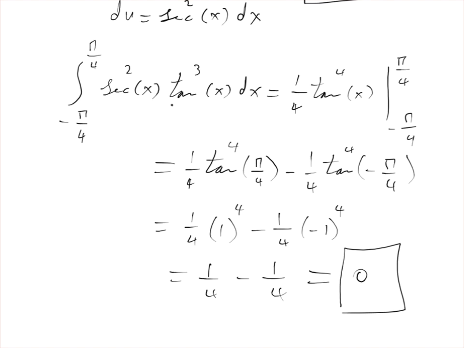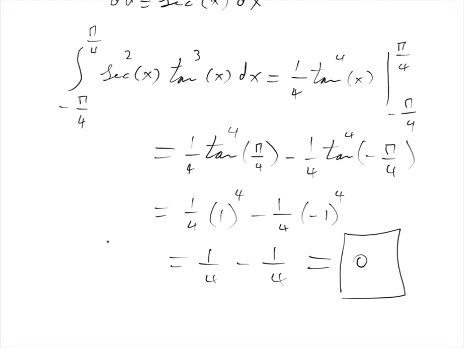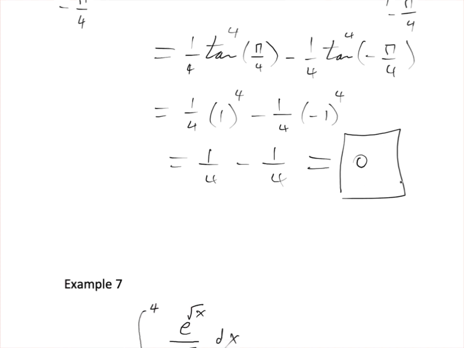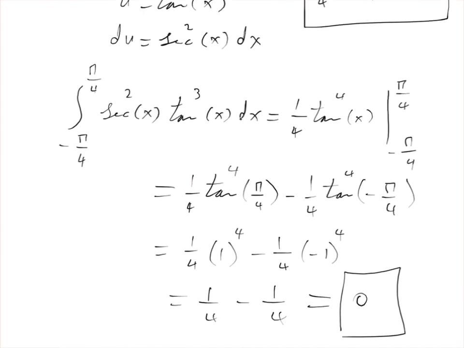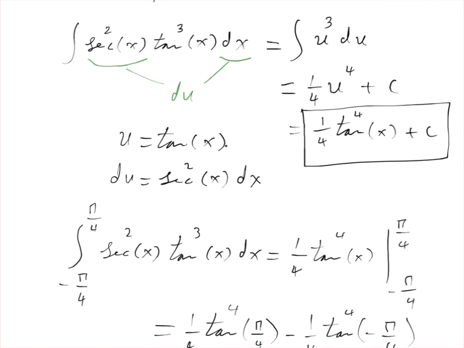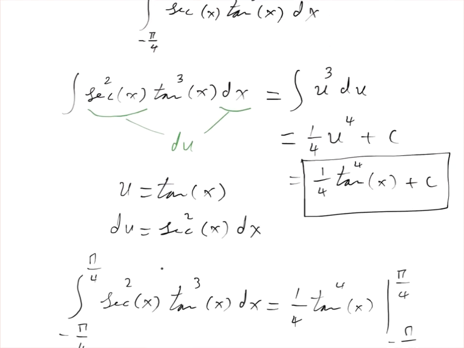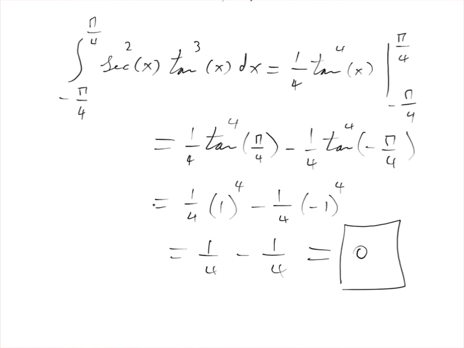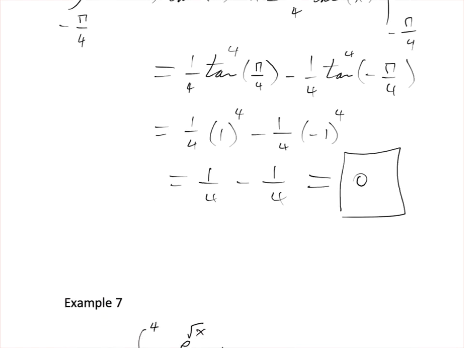On one side you have the function above the x-axis and on the other side below, so geometrically you may be able to see sometimes when it's zero. But here the point was to demonstrate the two different ways of finding the integral. So here's the first way. Here's the second way.